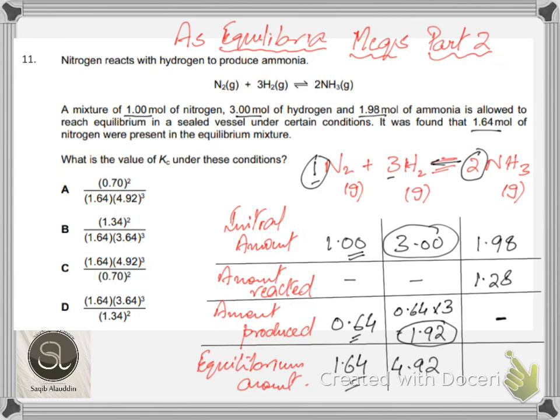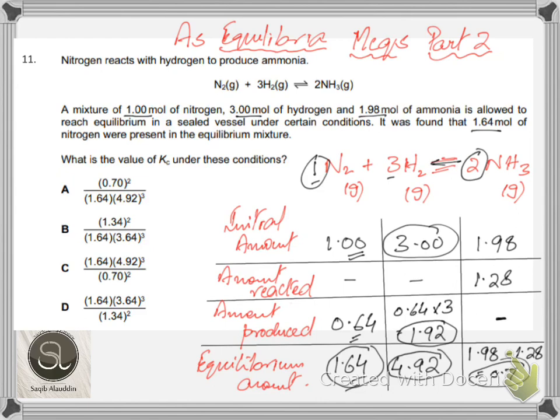And to obtain the equilibrium moles of ammonia, you subtract 1.28 from 1.98, you get 0.7. Okay, so these are the equilibrium amounts of hydrogen, nitrogen and ammonia.